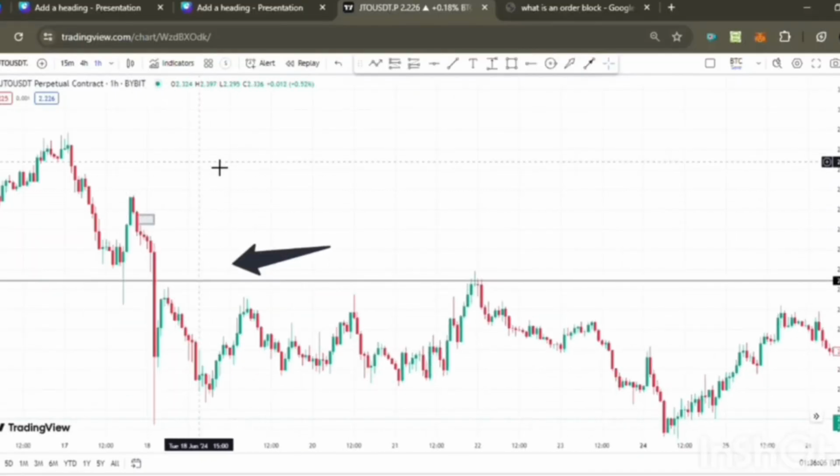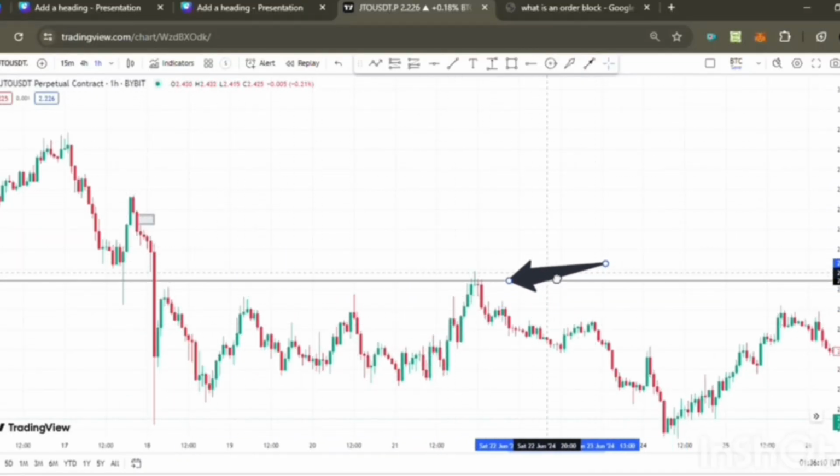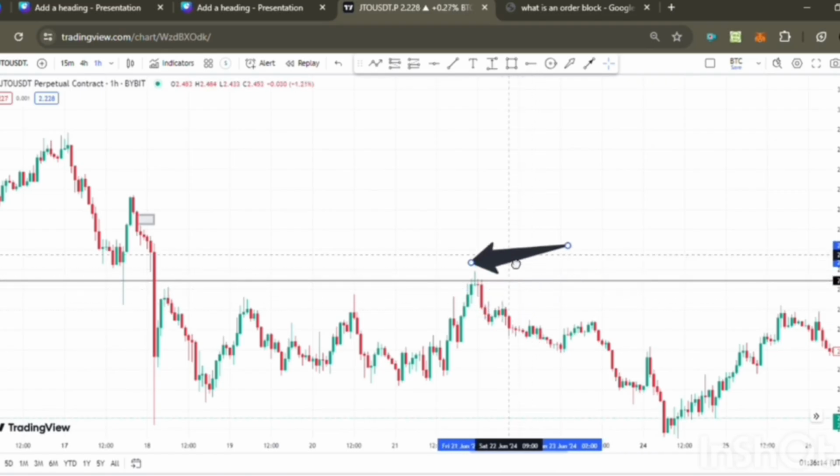Instead of placing my entry here, in as much as I may spot an order block here, just like I'm seeing it now.